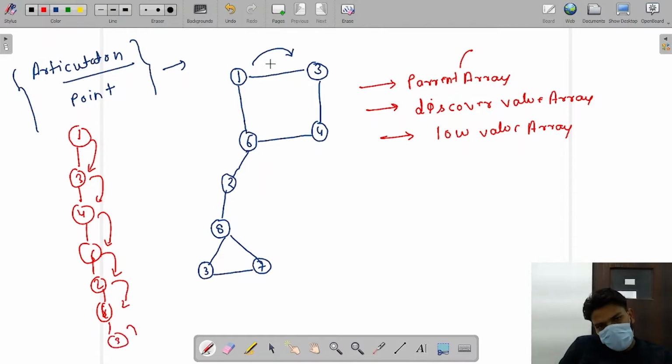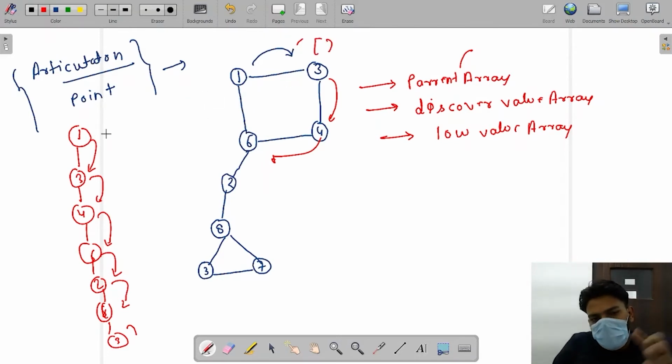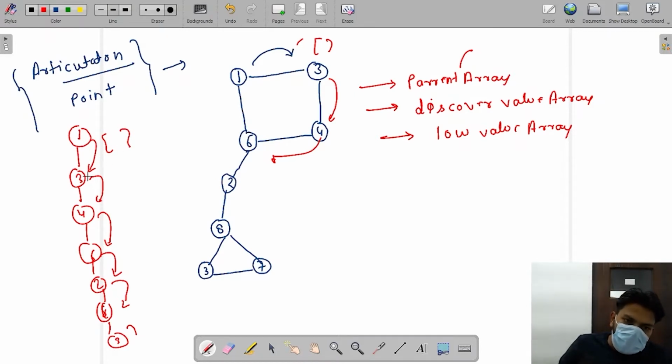So the parent array is formed according to its call. When 1 calls 3, then 1 is the parent of 3. When 3 calls 4, then 3 is the parent of 4. When 4 calls 6, then 4 is the parent of 6. We store all values in a parent array. When we call a neighbor, we store the source as the parent of that neighbor.